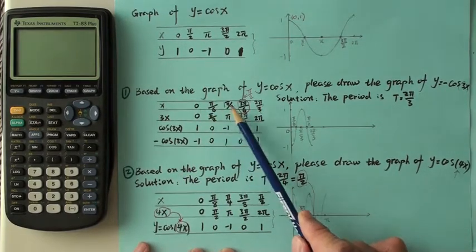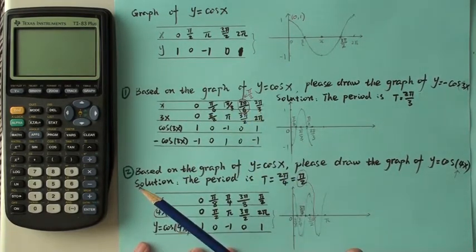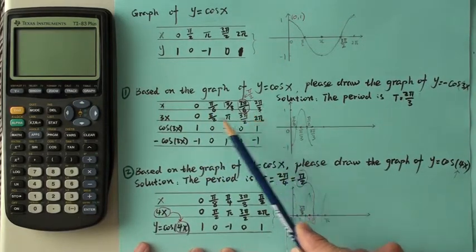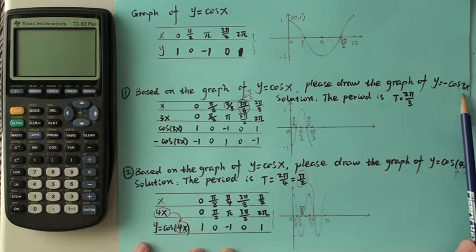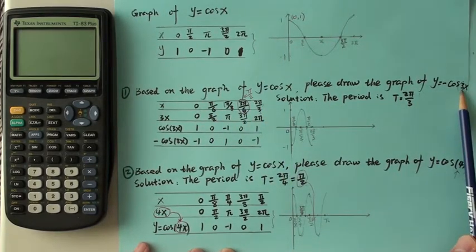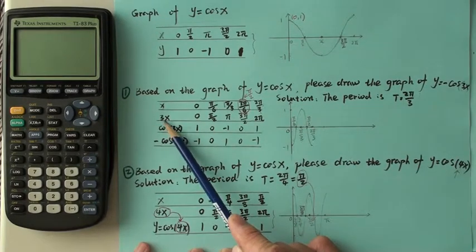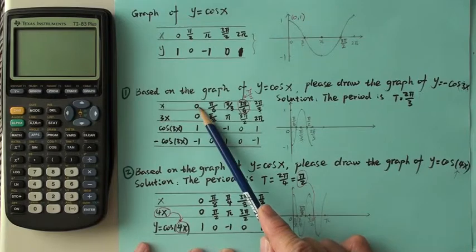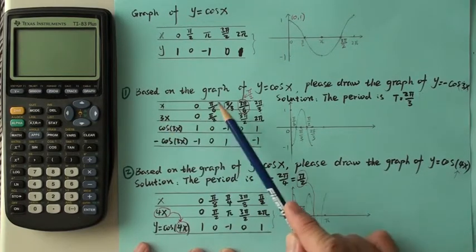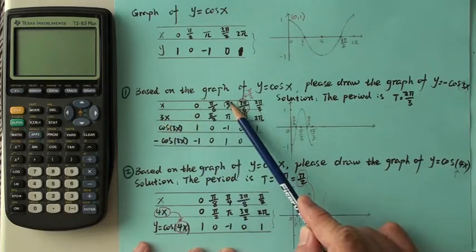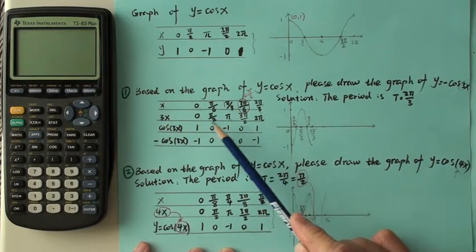So we have 1, 2, 3, 4, 5 points. Those 5 values are the x values. And then you put every value here, right here, it times 3. So that's why you want 3x. Again, 3 times 0 is 0. 3 times pi over 6 is pi over 2. 3 times pi over 3 is pi.